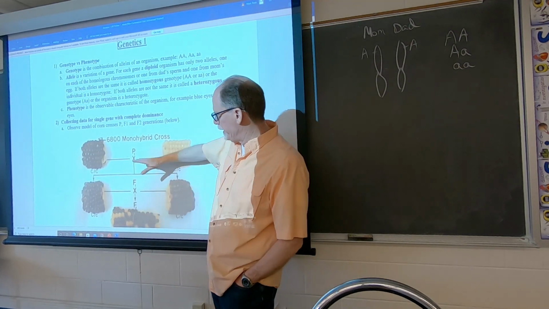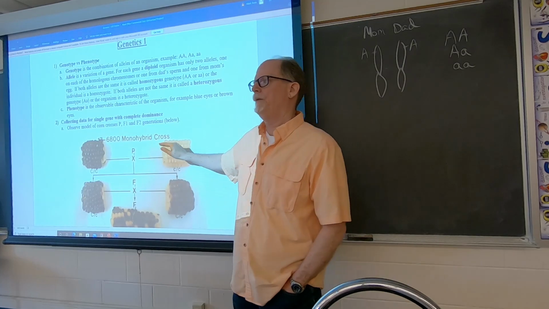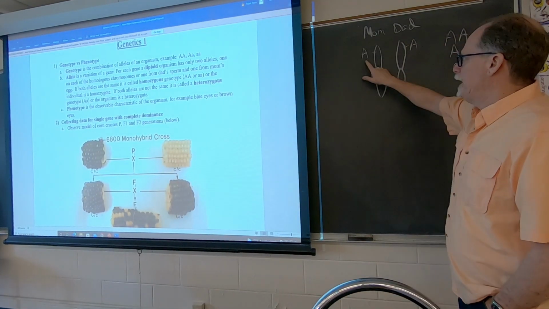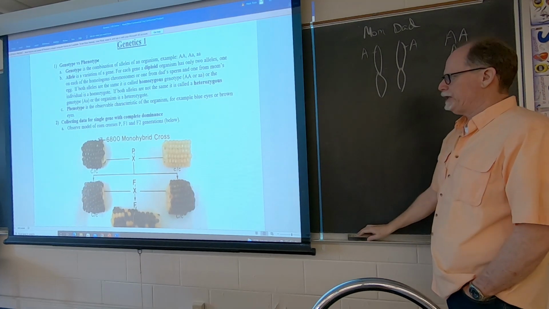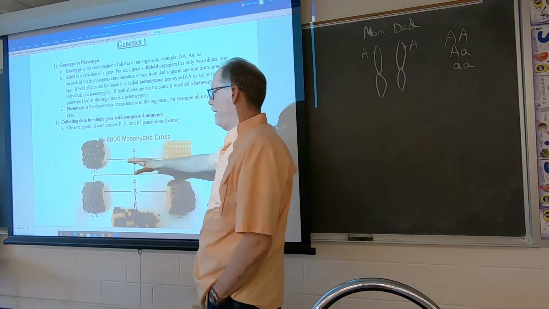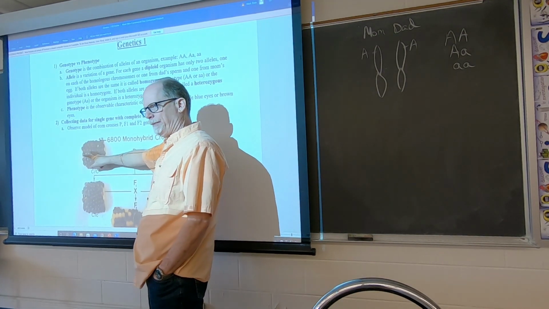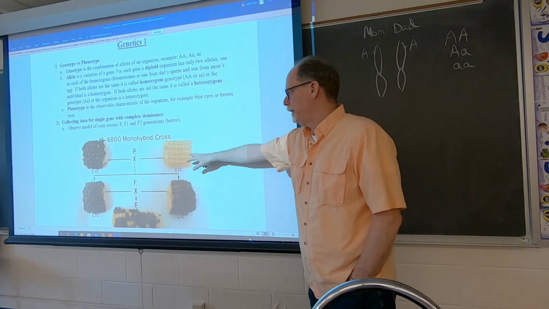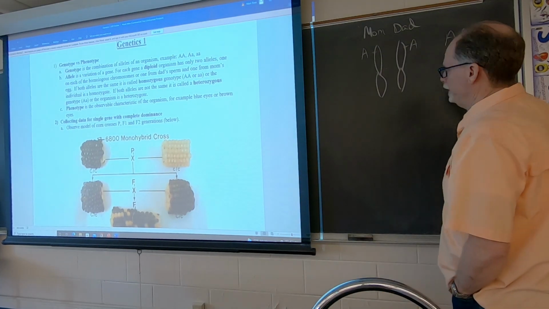That's what this is, a series of generations. If I use big A, that would be the dominant phenotype or allele. These are little a, or the recessive allele.